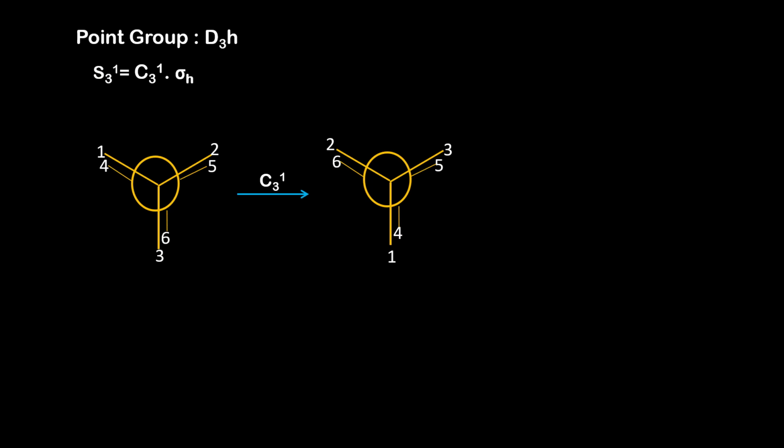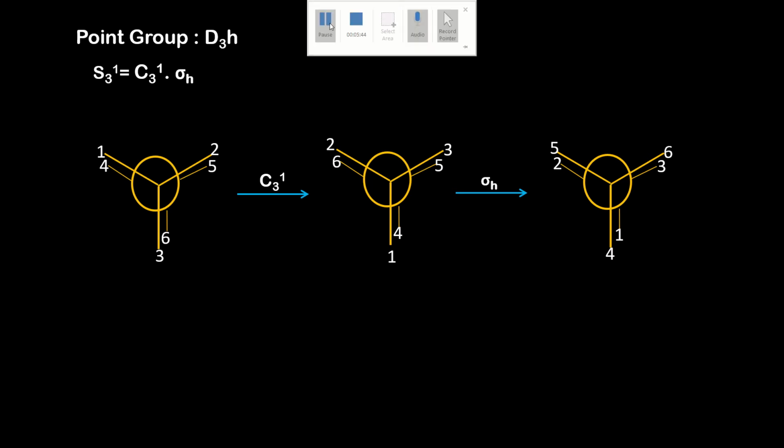So this is the orientation that we obtain. Next we apply sigma h. By applying sigma h, the front carbon becomes the rear carbon and the rear carbon becomes the front carbon. This is the orientation after applying reflection, or sigma h.